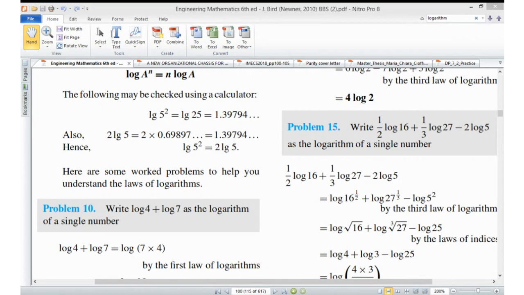So all of them, you can say they are base 10. So you introduce a common base, and then you can re-express that.